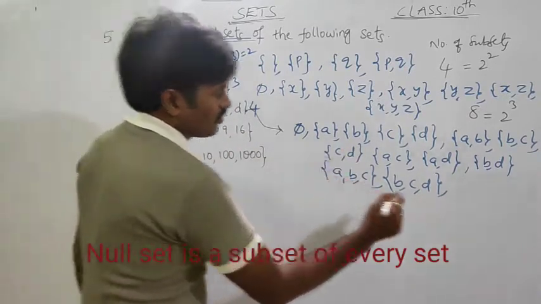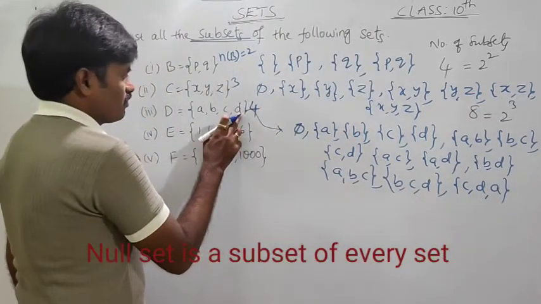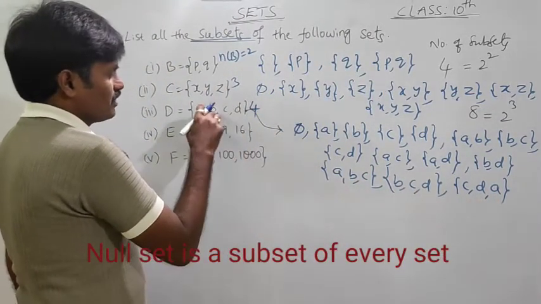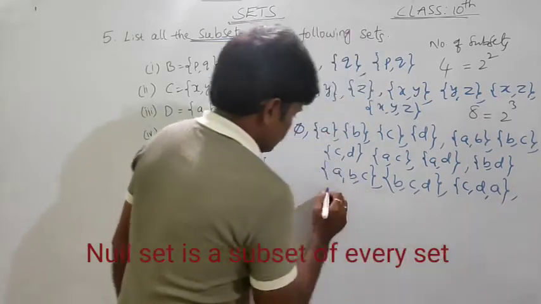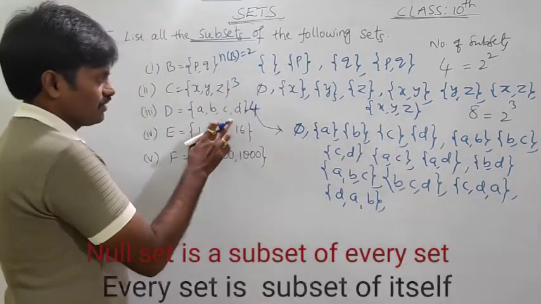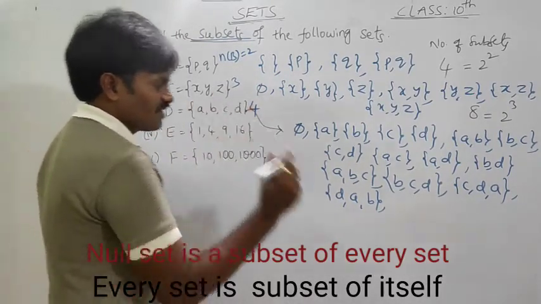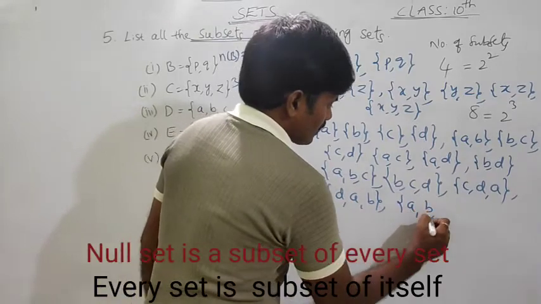So we can write CDA. Now start from A. DAB. Cyclic. Yes, completed. Next 4 elements means only one set, that is the given set A, B, C, D.